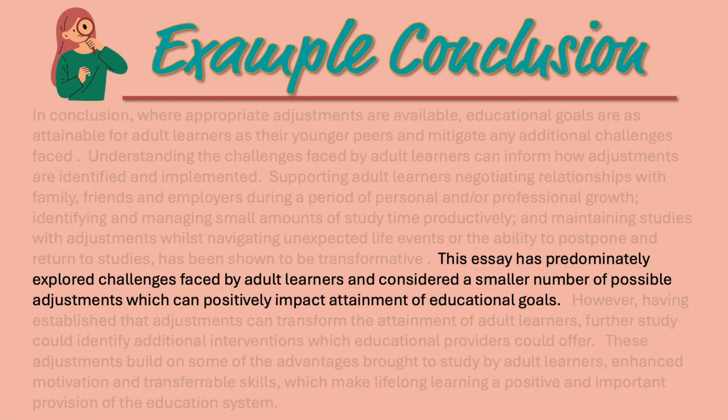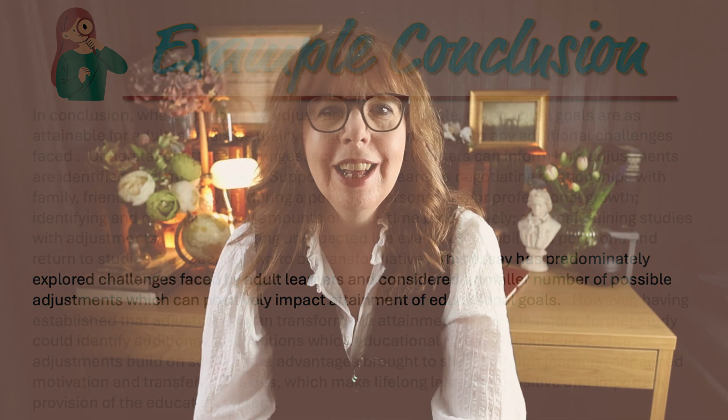So we might include this to indicate to the reader aspects of the topic we were not able to fully explore given the limitations of the word count, and perhaps the limitations of time and access to learning materials. For example, in this instance, the course materials may not have provided extensive coverage on adjustments educational providers can make for adult learners, so it would be understandable if a student essay did not include this information.